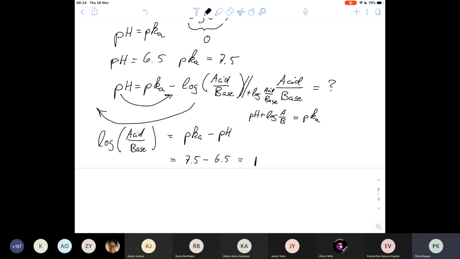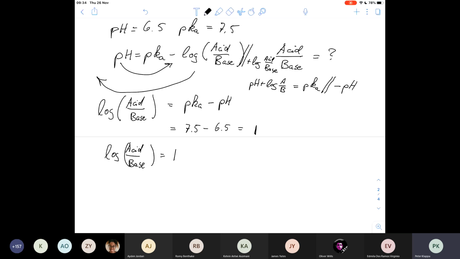And then I subtract from both sides pH, and I get log A over B equals pKa minus pH. So we have log acid over base equals 1. But I don't want log acid over base.